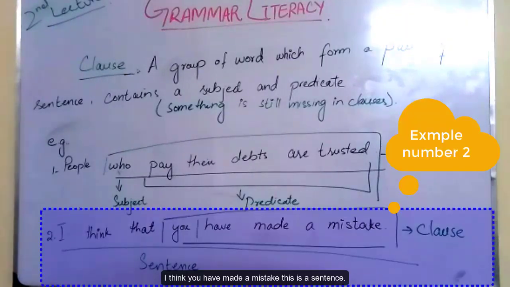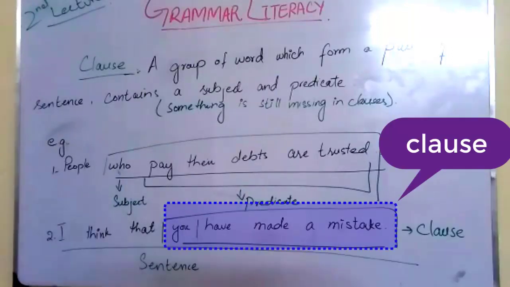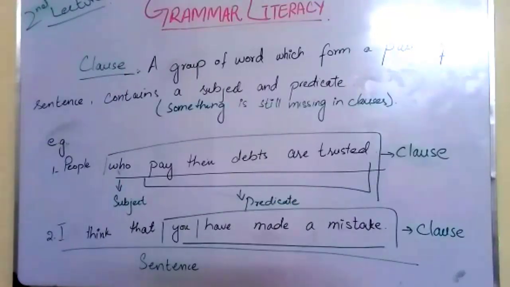The next example is, I think you have made a mistake. This is the sentence, but here you have made a mistake is a clause because it is only part of the sentence. But when we put I think that, then the complete sentence or complete thought is conveyed.